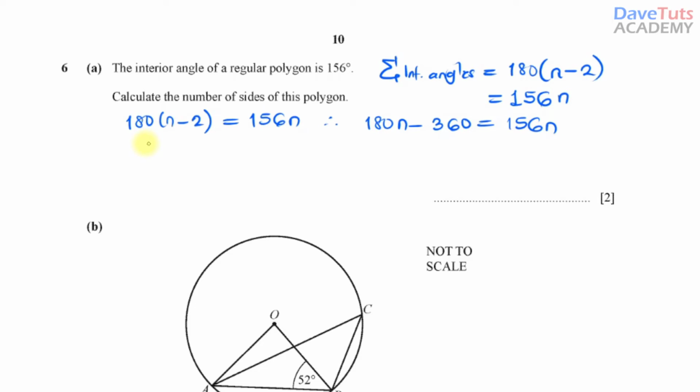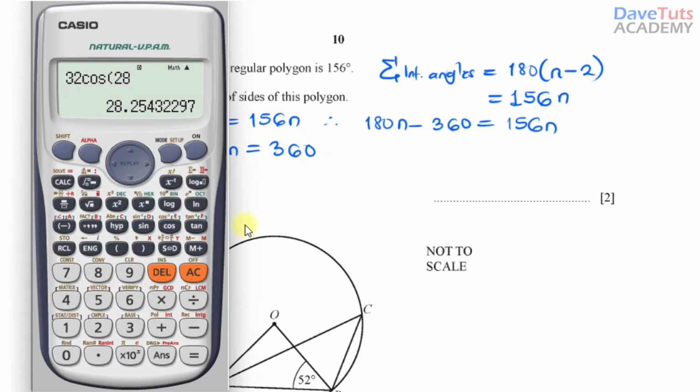So if we just rearrange, subtract 156n from both sides, then add 360 to both sides, we are going to have 180n minus 156n is equal to 360, so that 180 minus 156, let's look at that from the calculator. We have 180 minus 156, that's 24.